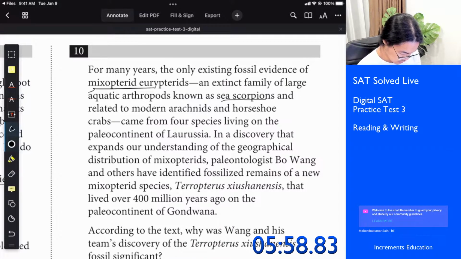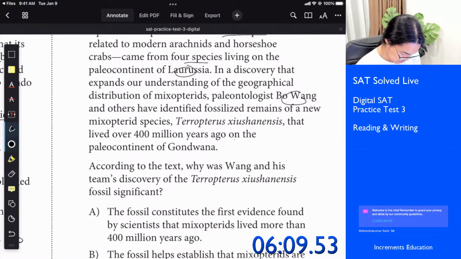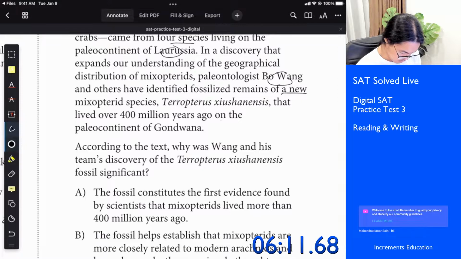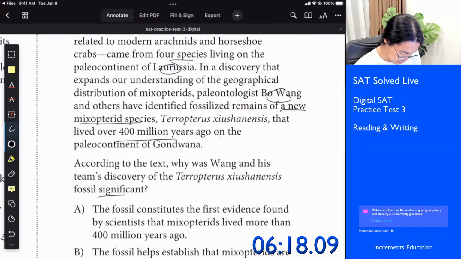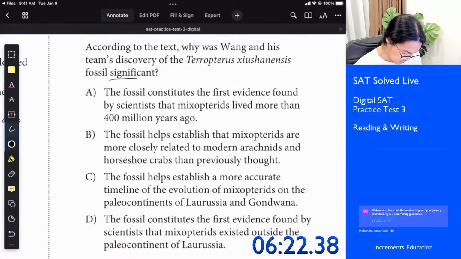The only existing fossil evidence of sea scorpions came from four species: Laurussia, Boeing, a new species 400 years ago. It's significant. Now we have a second one.